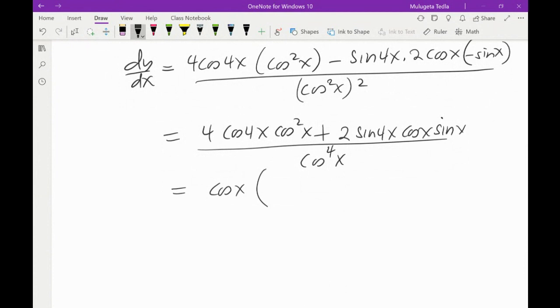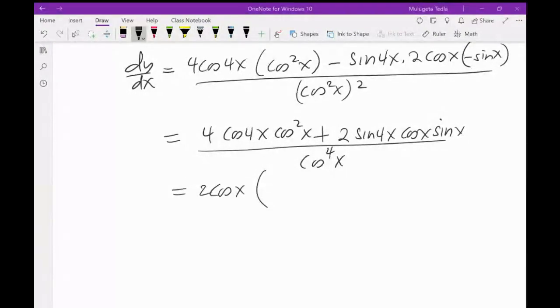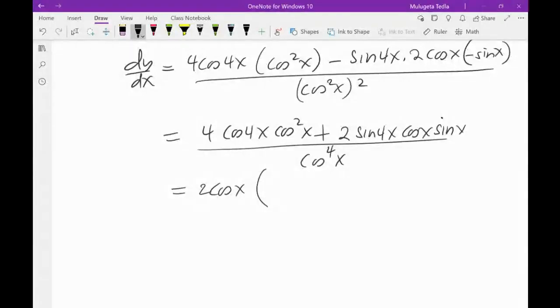Even we can pull out the 2 if you want. I don't know if it helps me. I would rather keep it the way it is with the same angle, and then I'll continue. So I have 2 cos x.